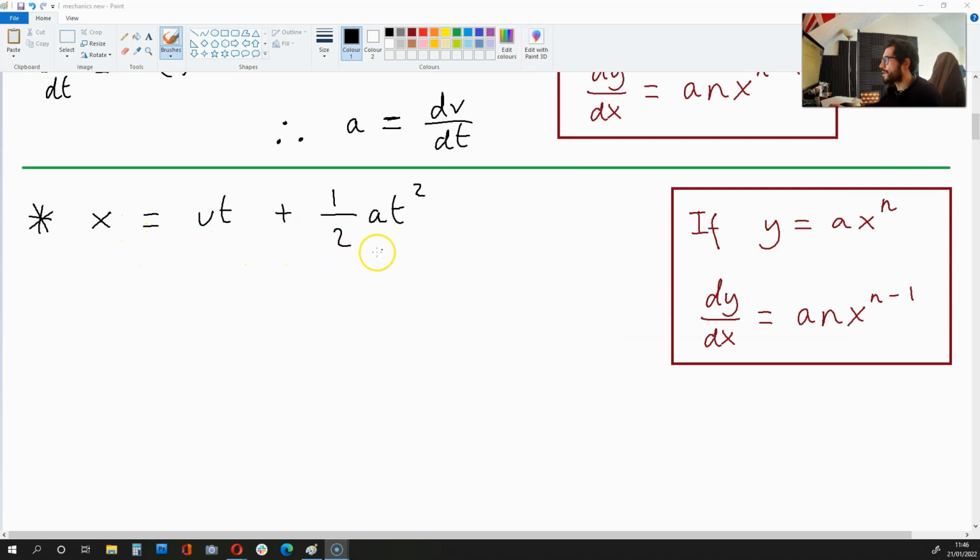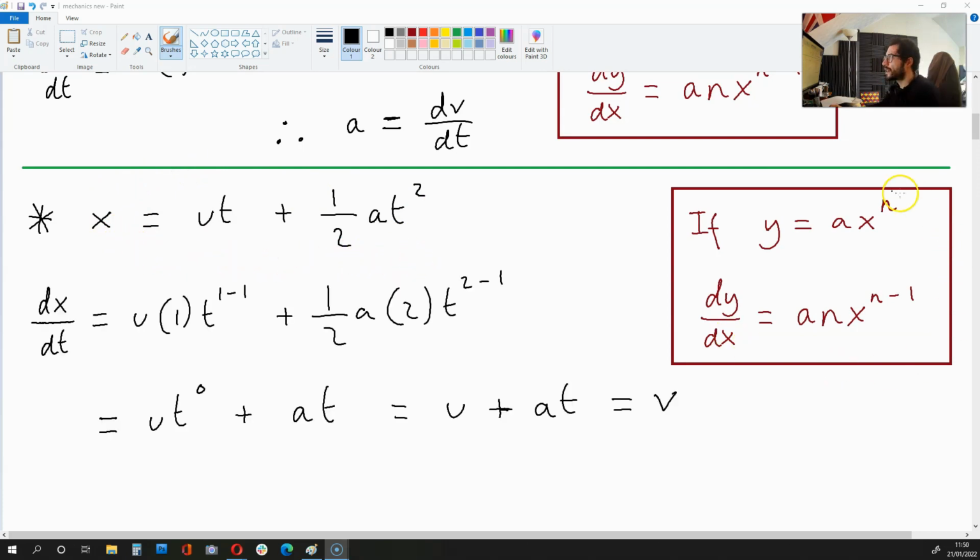Using similar rules, we can get the second order derivative of displacement with respect to time. Using these rules over here, what we get is dx over dt is equal to u times 1 times t to the power of 1 minus 1 plus a half times a times 2 times t to the power of 2 minus 1.